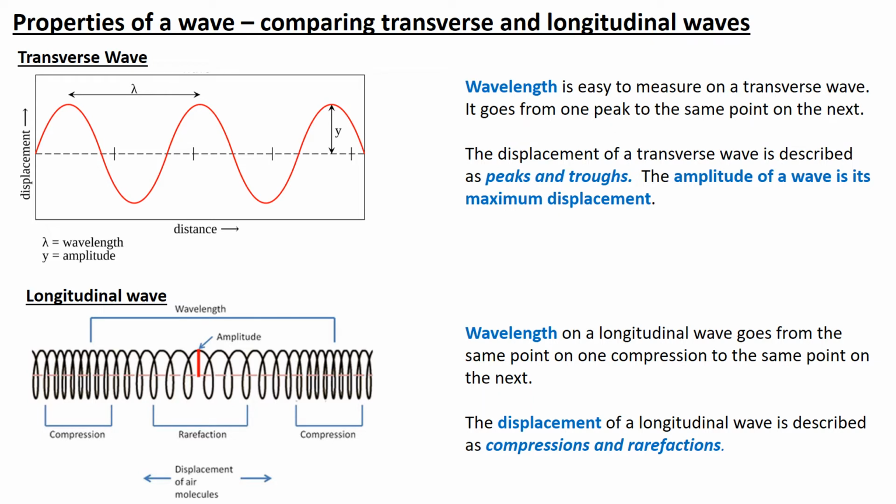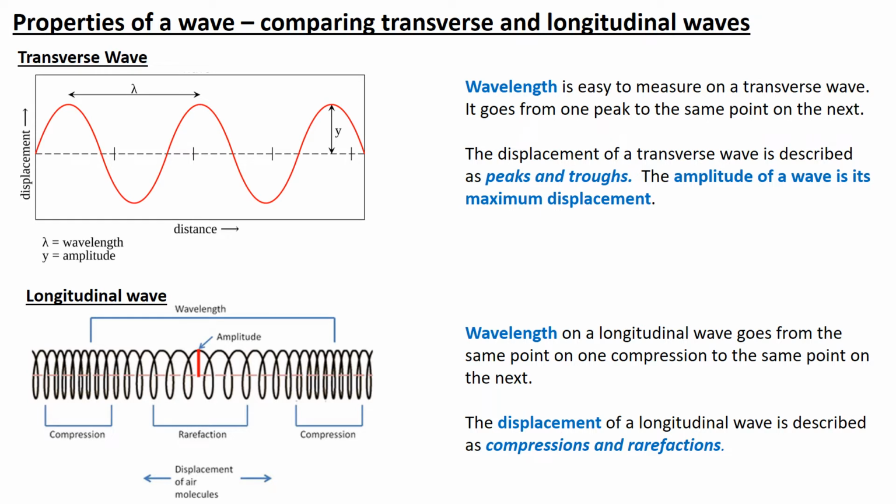If I look at the top graph, this section here is the displacement, that's my amplitude, this is my wavelength, and we can see a nice clear wave. Displacement can be easily measured along the y-axis, and the distance can easily be measured along the x-axis. This trace here is called an oscilloscope trace.